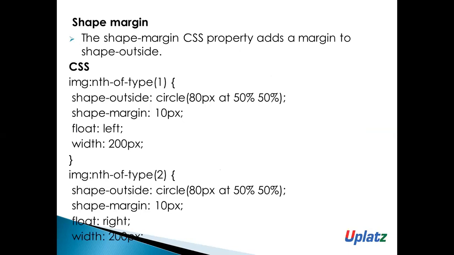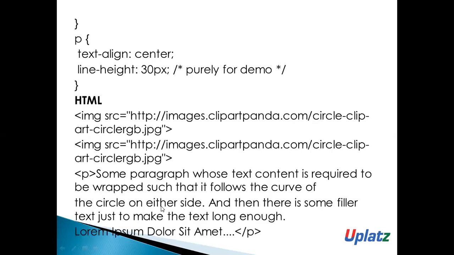Next is shape margin. The shape-margin CSS property will add margin to shape-outside. We have CSS for that particular HTML. You need to give shape-margin, which is the additional parameter. The difference between the previous example and this example is that I have added shape-margin of 10 pixels for both the images, so it will add a margin.